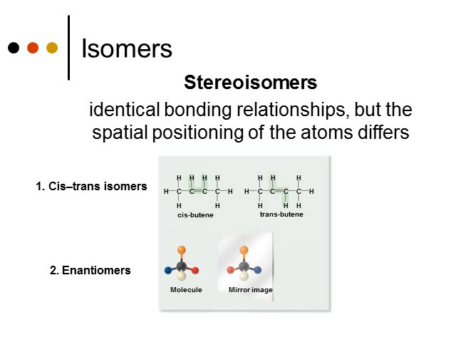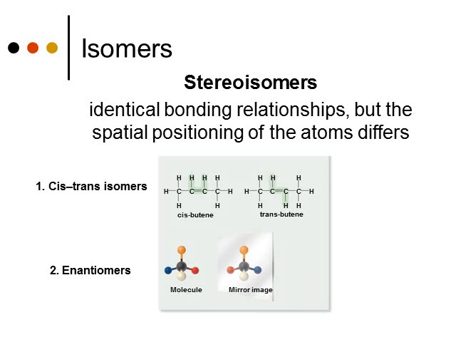So if you look at the cis-butane, the 2 hydrogens in the middle, highlighted in green, they're both facing up. So cis means the same direction. Compare that to the trans-butane on the right, and you see that the 2 hydrogens in the middle, again the ones that are highlighted in green, are now facing in opposite directions. So trans just means they're going opposite in their spatial positioning.